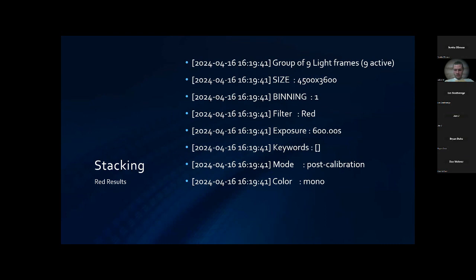I have to go back and look at the log file of what it actually said about those. I didn't put that in here. So it rejects actual frames. Yeah, three of the red. Did you use the default rejection of WBPP, or did you play with that? I think that might still be on the default, or maybe I've changed that.